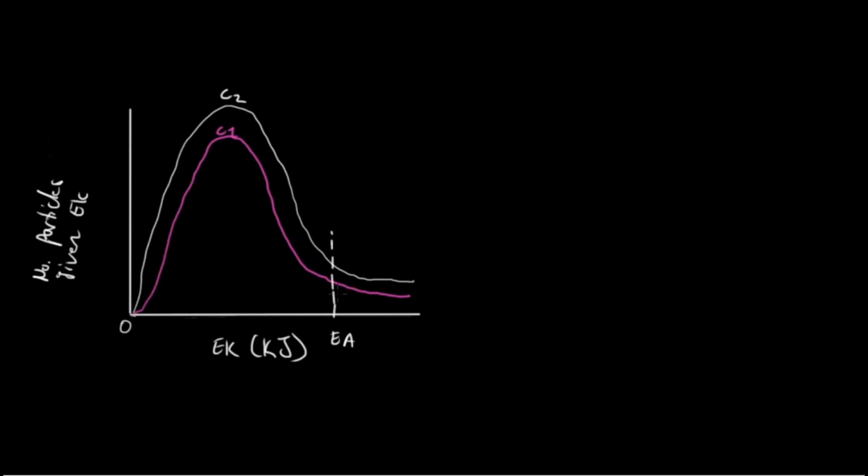We can see here that C2 is obviously greater than C1, and more particles have a kinetic energy that is greater than or equal to the activation energy. More particles, and we can definitely see also at C2 that the peak is also higher.